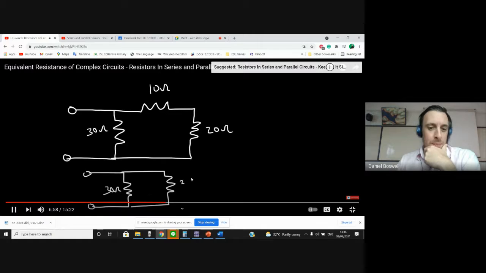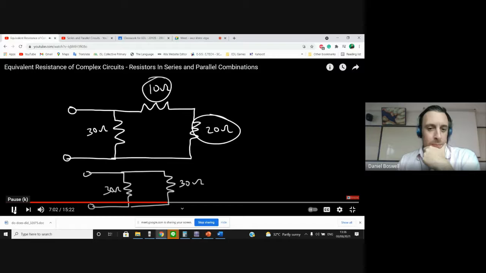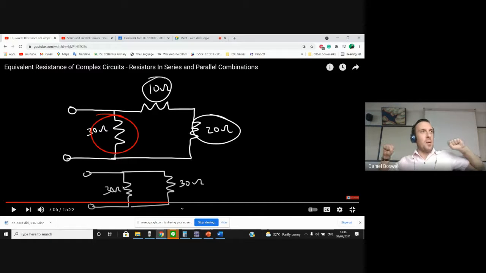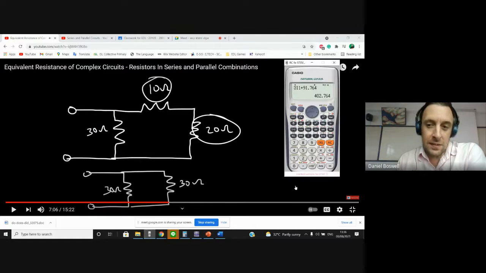Then obviously, once these two are done and they're added together in series, these two are then in parallel. And nice and easy, they're both the same equivalent, 30 and 30. So what's the total resistance? 15. Nice. Let's prove that we're right.